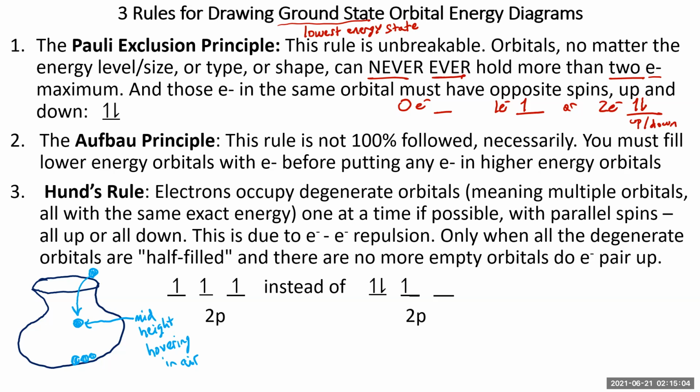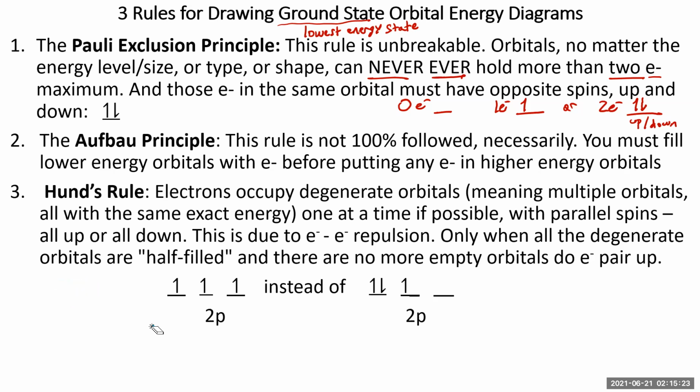So just as marbles don't hover in midair, electrons generally do not hover in the middle of a set of orbitals. Instead, they fall all the way down to the lowest type orbital. If there's an s orbital that's open and available, the electron will inhabit the s orbital. If the s orbital is filled, if the 1s orbital already has 2 electrons in it, guess what?